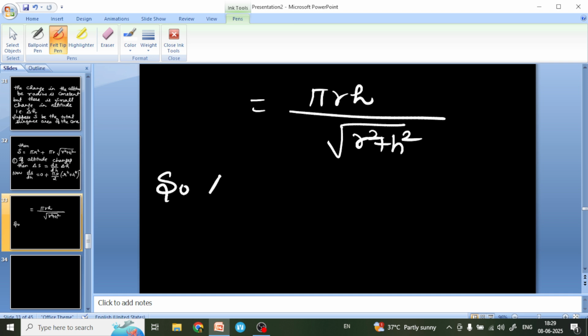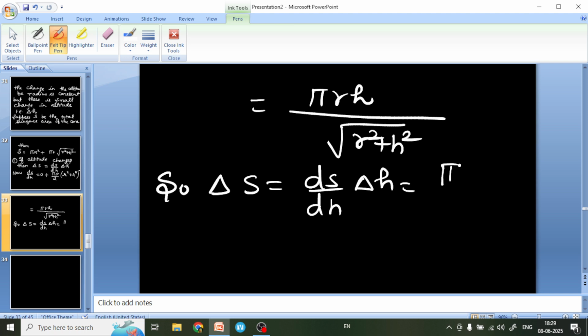So delta S is equal to dS over dh delta h, which is pi r h over square root of r square plus h square into delta h approximately.